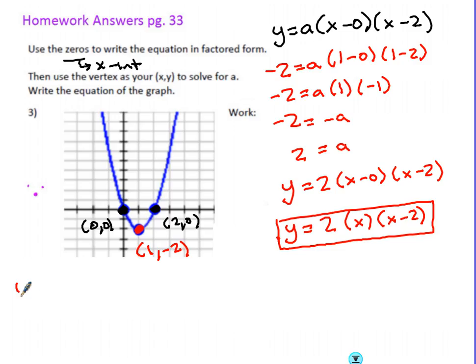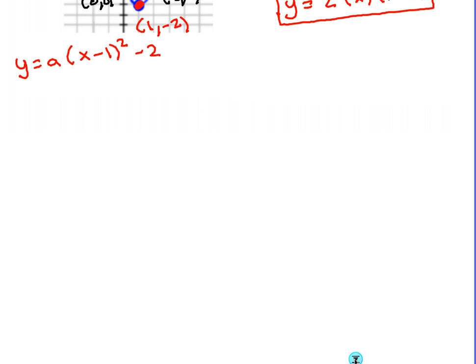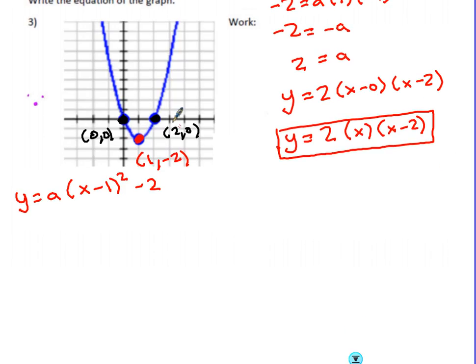So you could have started by saying y is equal to a times x minus 1 squared minus 2. And then solve for a using one of the two x-intercepts since those points were clearly labeled. I'm going to use the second x-intercept of 2, 0. So I plug in 0 for y and 2 for x.